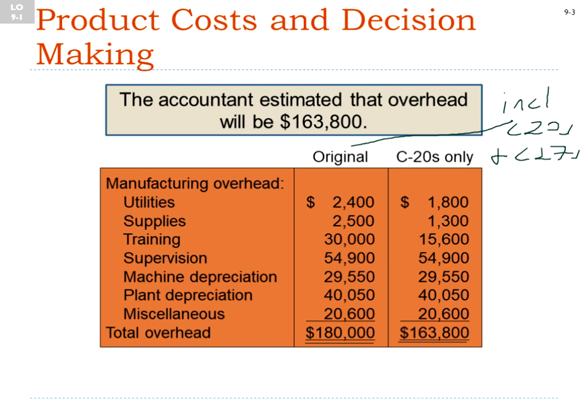Well, in this case, it did not. Your total original overhead is 180, and if you drop one of the lines, it'll drop to 163,800. So that's only a savings of 16,200. So that's not a lot at all. So how is this possible?